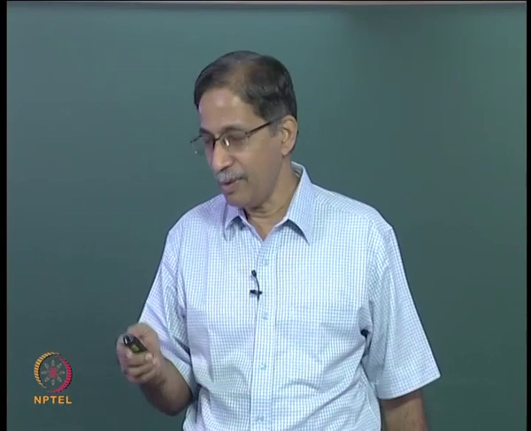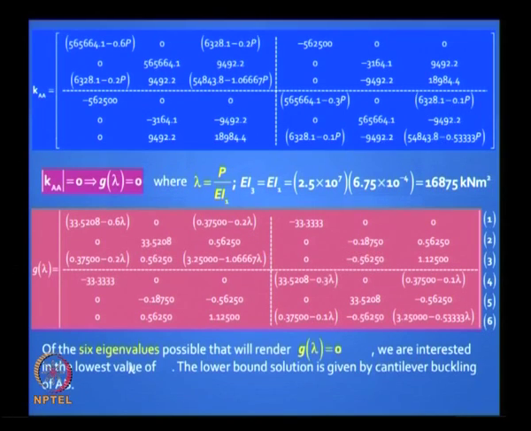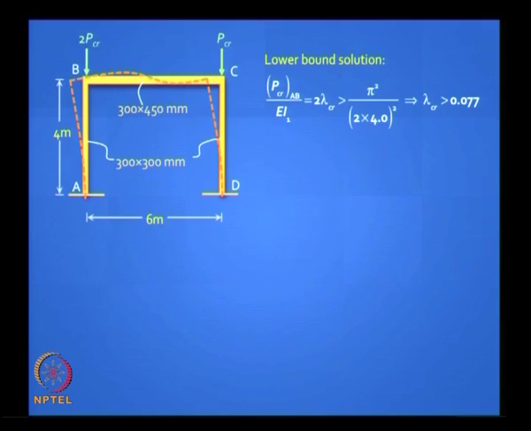Okay. So here what you can do is you can do something like the bisection method, but you need some trial values. You have no idea how to pick them up. Well, you can start somewhere, start with the lowest buckling load. So we want to find out what gives you the lowest value. So you remember the lowest is when AB behaves like a cantilever. So you can easily find out for that when it is a cantilever what's the value of lambda.